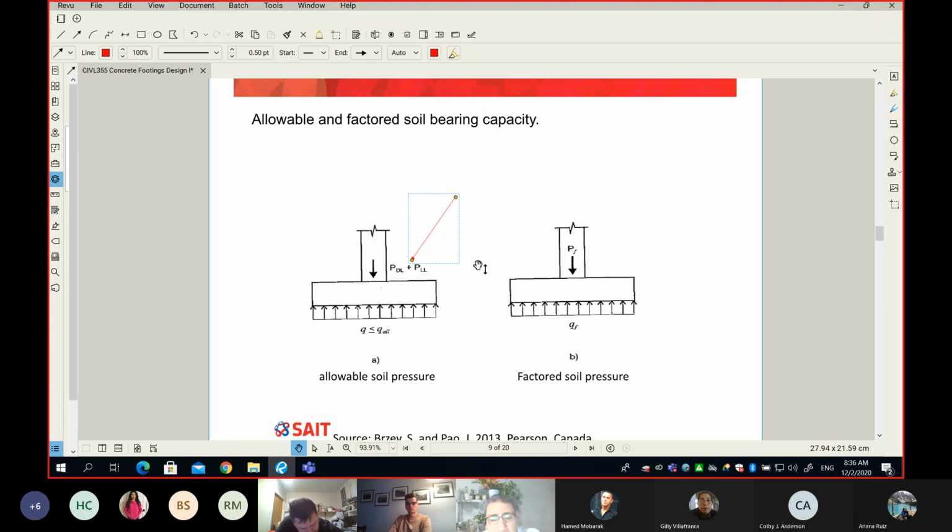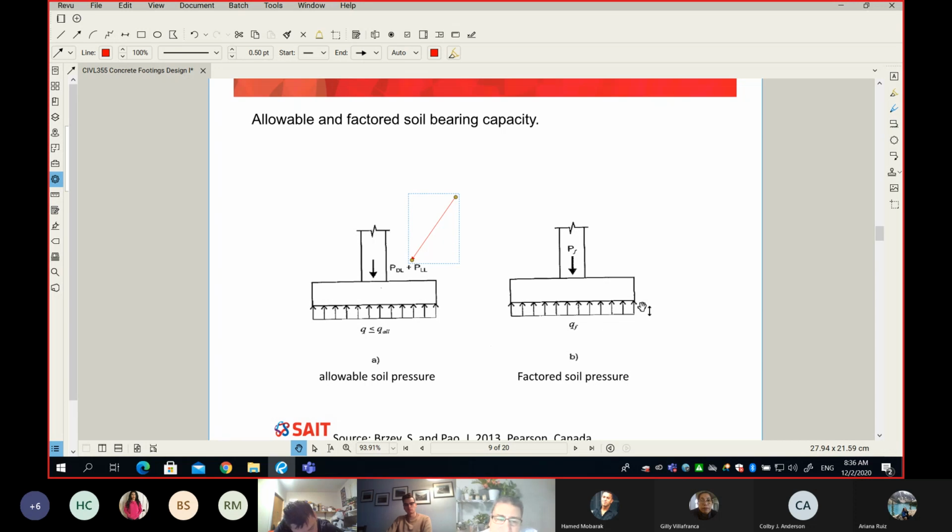This started roughly about 20 or 25 years ago. Actually, the transition was when I was about to graduate back in 1996, so this new methodology of the design came about. It's called ultimate limit state. But before that, there was something called the working stress method.